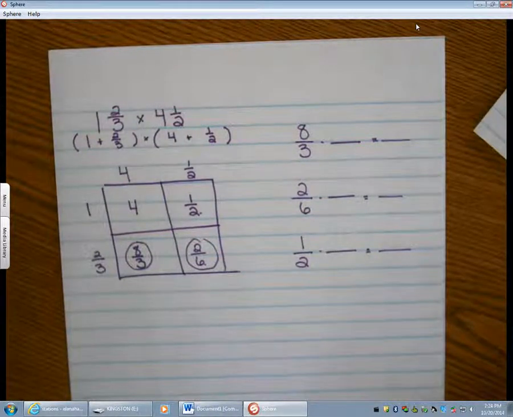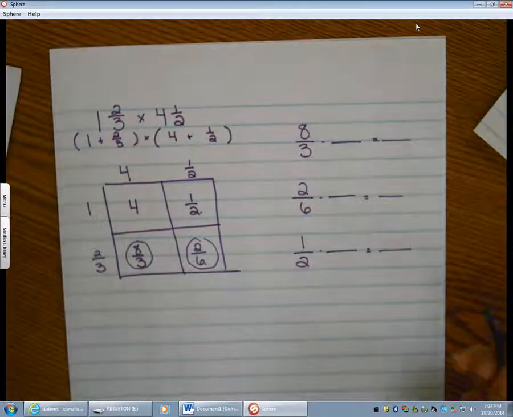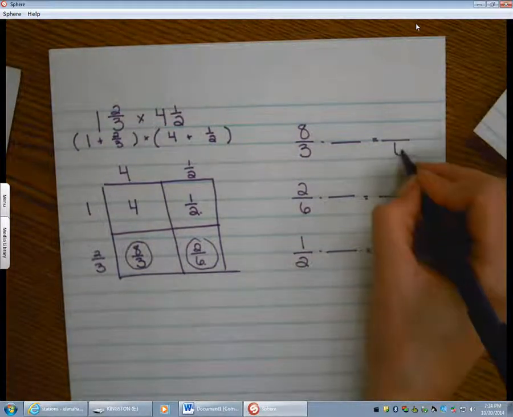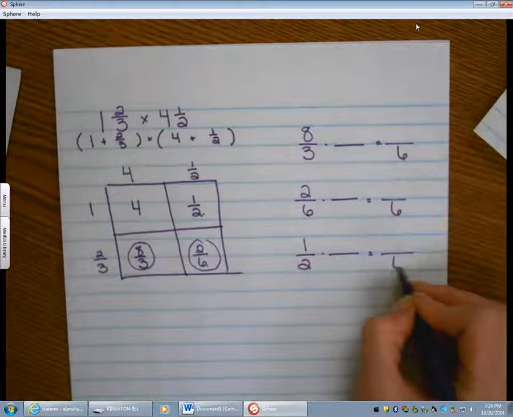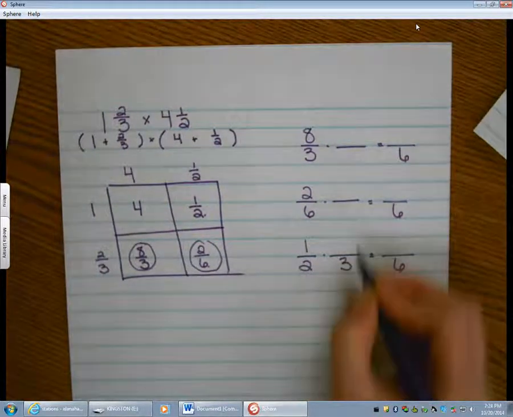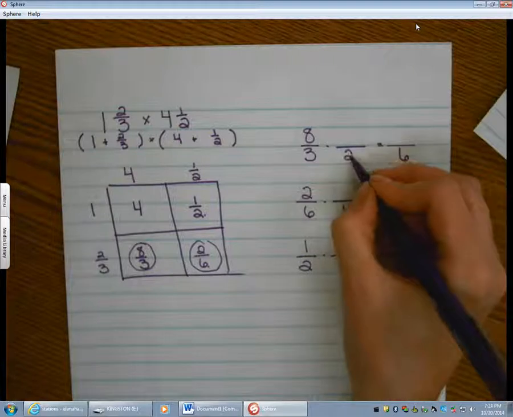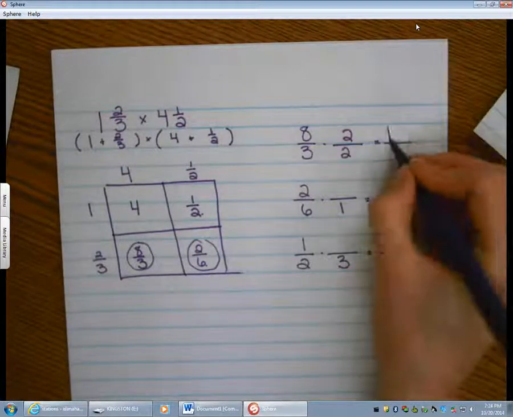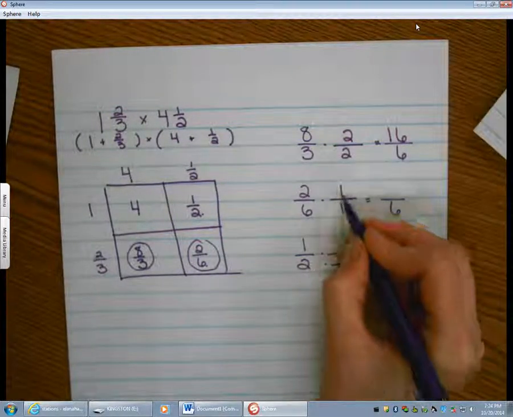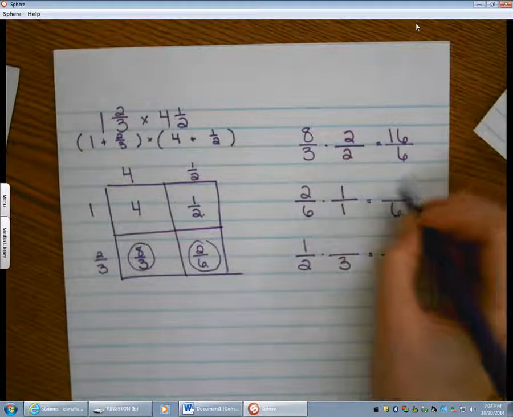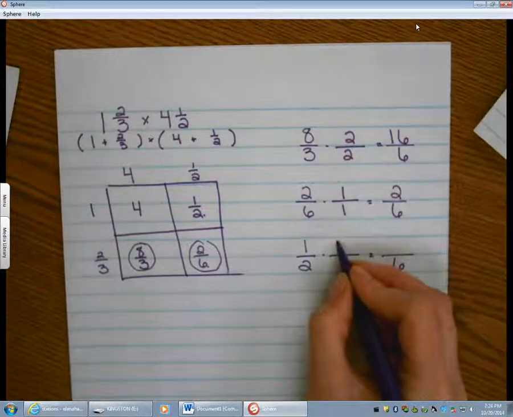And if you're back with me, the least common multiple that we're going to use as our common denominator here is 6. 2/6 times 1 over 1. And 4 times 2/3.